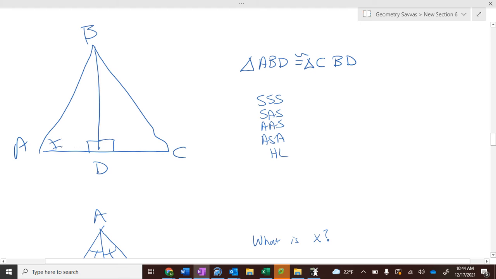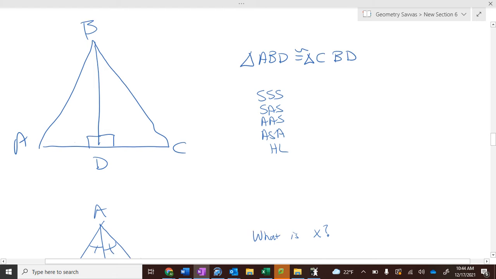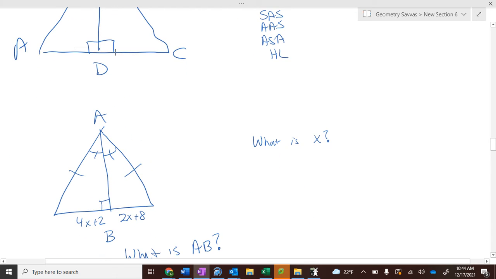If this was marked, what would it be? Angle, angle, side. Wait, there's no angle, angle, angle on the list, no. Don't make it side angle. Yep, that's fine.